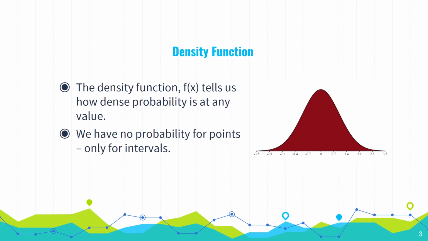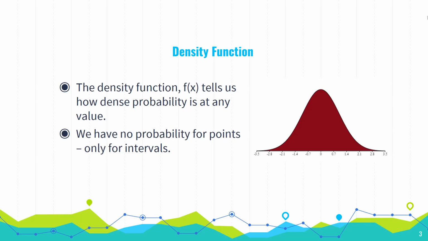And like I said, you don't have any probability for points along this curve. So what's the probability that the random variable takes the value 1.4 precisely? Well, the probability is 0. We don't have any measurable probability for any particular value, only for segments along this interval. You can ask how much probability there is that the random variable takes a value between 0 and 1.4.